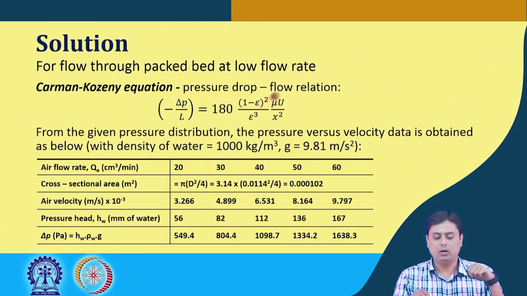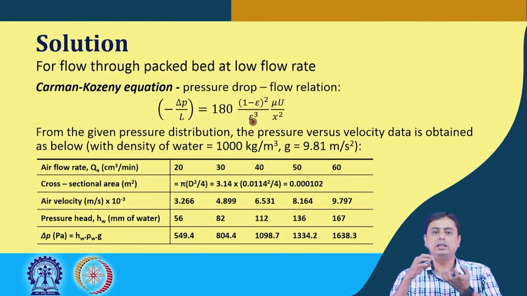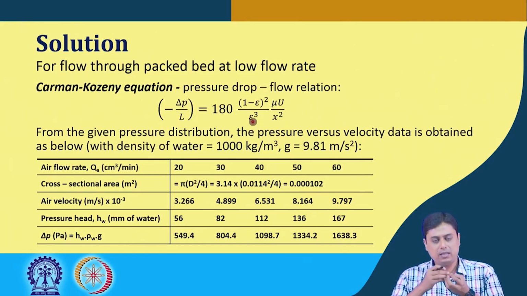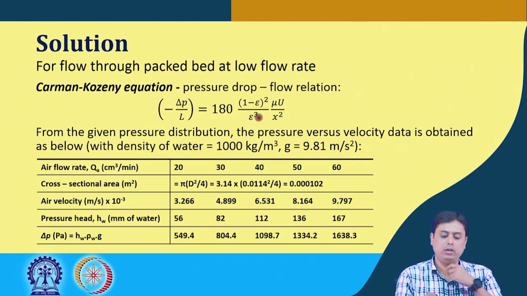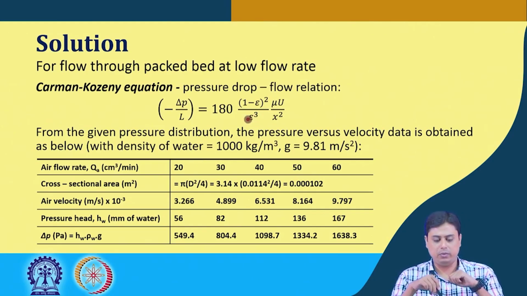Epsilon is called the bed voidage or the porosity of the bed. That means, when you fill a cylindrical apparatus with a powdery sample, along with the particles there will be some void spaces between the particles, that is called the voidage. Voidage is the volume of empty space per unit volume of the apparatus, denoted by the epsilon value here.